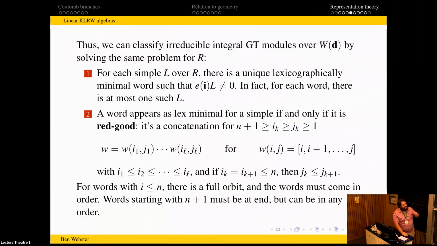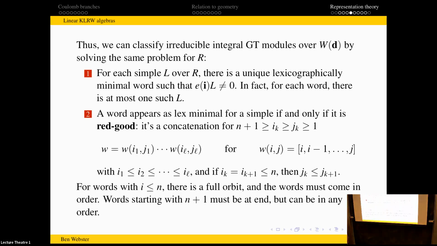There's a unique lexicographically minimal word such that this product is non-zero. And it turns out, for each such word, there's at most one simple where that's the lexicographically minimal. This is something you can check explicitly from the structure of the algebra. And then there's a precise characterization of what words appear as lex minimal.